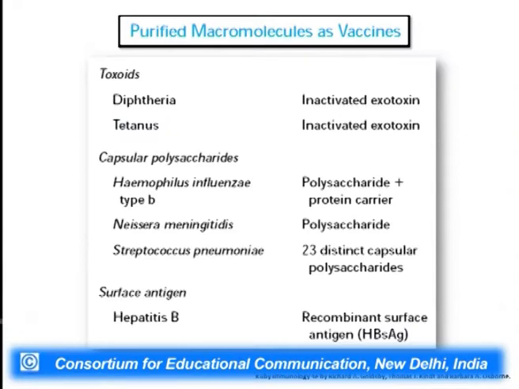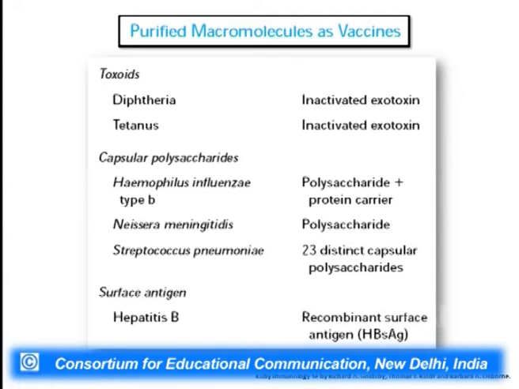In certain cases the toxoids, which are the toxins secreted by the cell of the pathogen, are used as a vaccine. For example, in case of diphtheria, it is the inactivated exotoxin, or in tetanus, it is again the inactivated exotoxin which is used as a vaccine. Of course, the capsular polysaccharide can also be used as a vaccine.